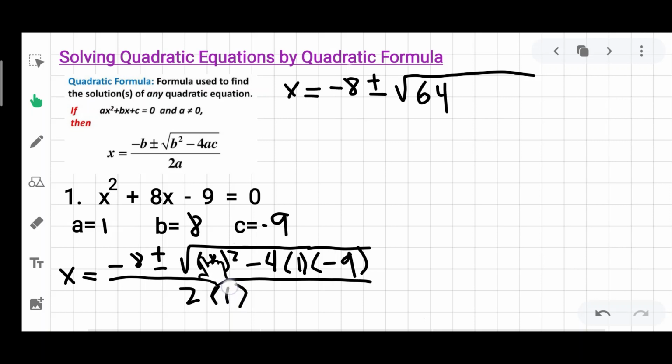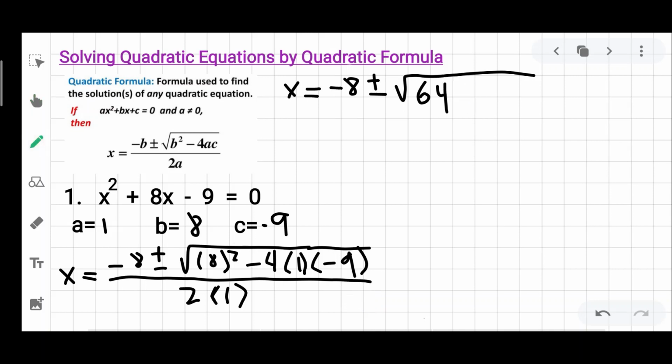So, 8 times 8, 64. Okay, so next, negative 4 times 1 is negative 4. Tandaan ninyo, pag parehas ng sign, positive. Kapag magkaiba ng sign, negative. So, negative 4 times 1 is negative 4. And then, negative 4 times negative 9, the answer is positive 36.